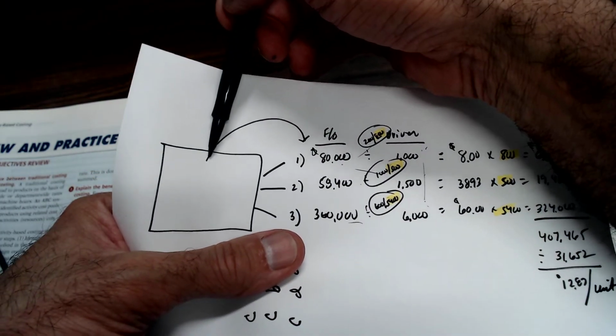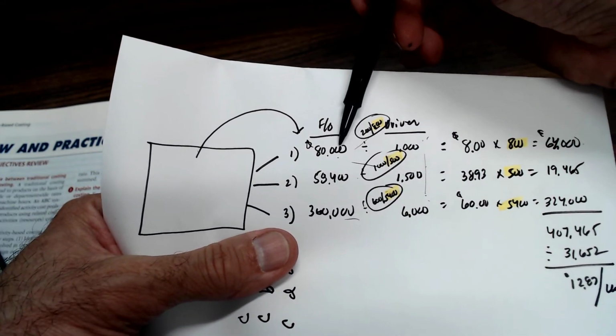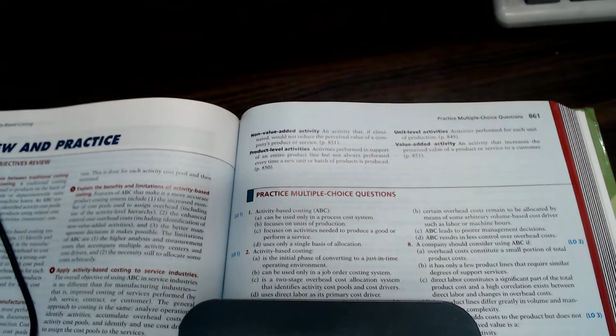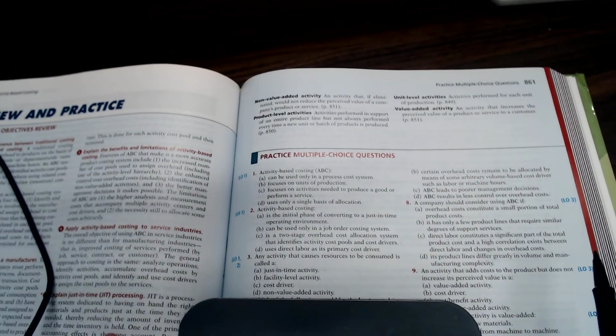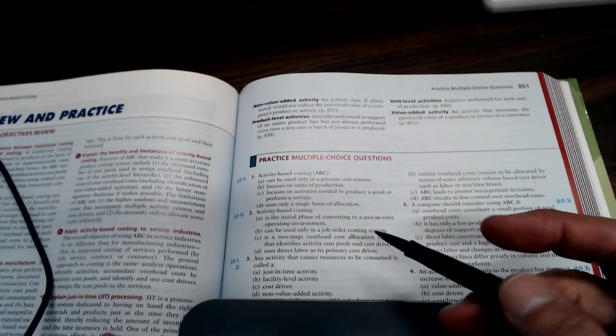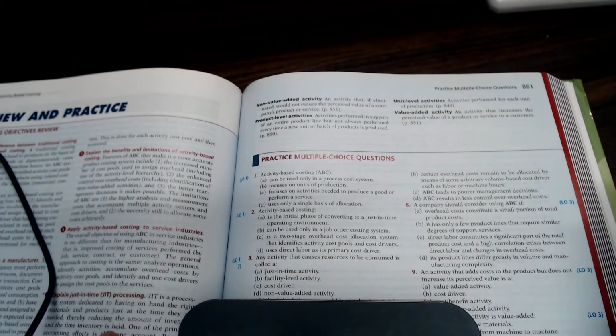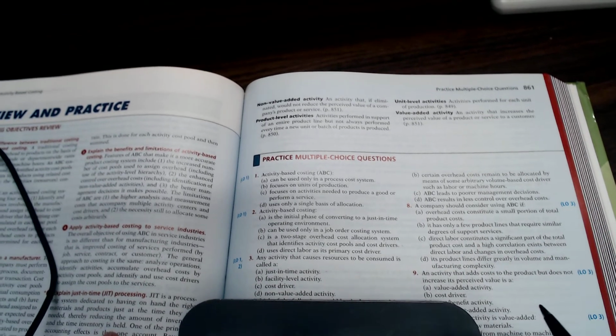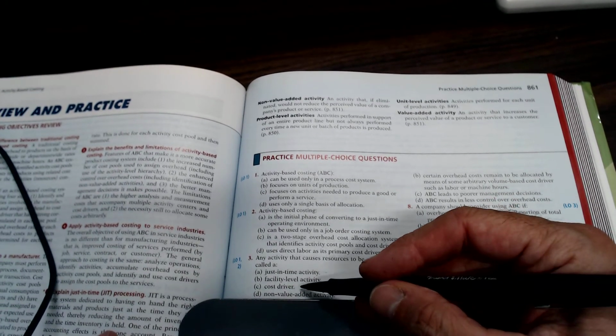Two-stage. That is, first stage is allocating factory overhead to activities, and then second, dividing by a driver to get a rate. That's the two stages. An activity that causes resources to be consumed, that's a driver, cost driver.